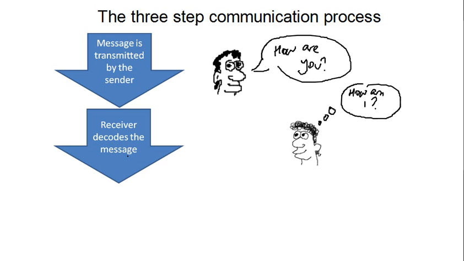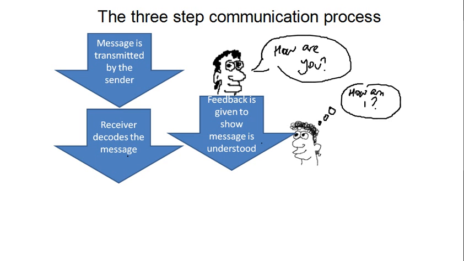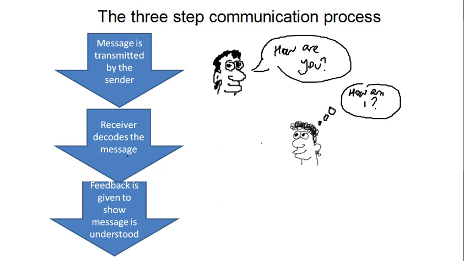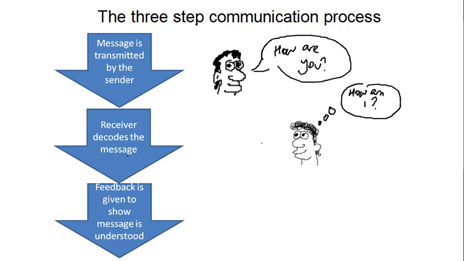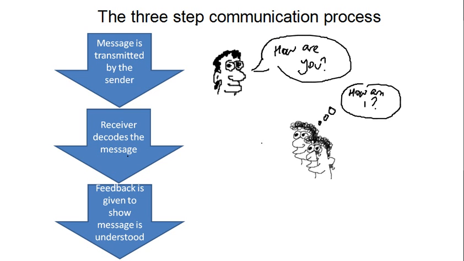Finally, in a basic communication process, the receiver will send feedback to the sender to show them how well they've understood that message. Have they understood what was said, and have they interpreted it in a good way or correctly? So put this guy in again.